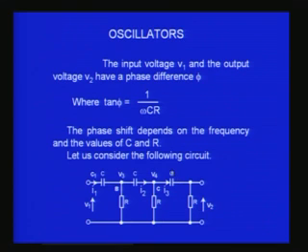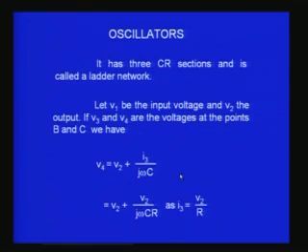The voltage across C is I3 into reactance provided by C, which is 1 by j omega C. Therefore V4 is equal to V2, the voltage across R, plus I3 by j omega C.